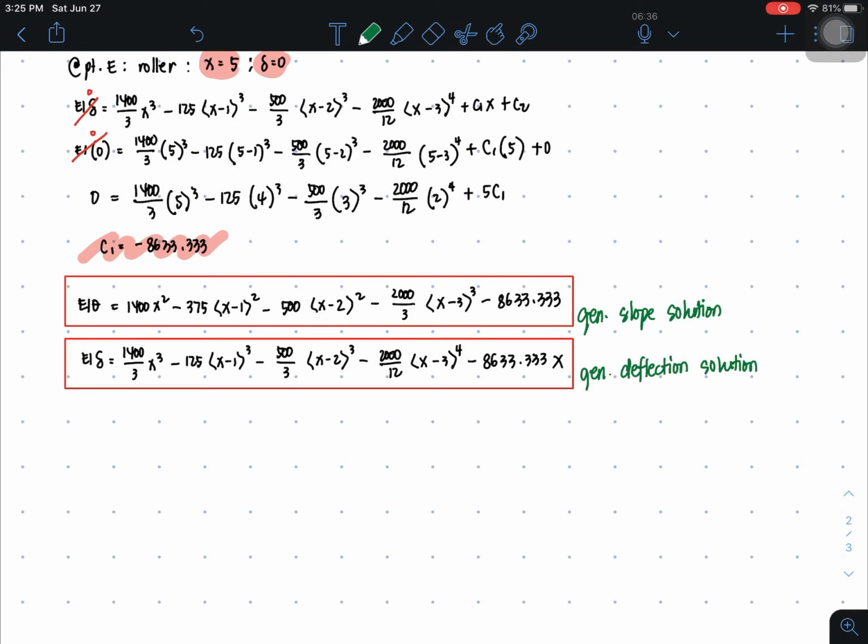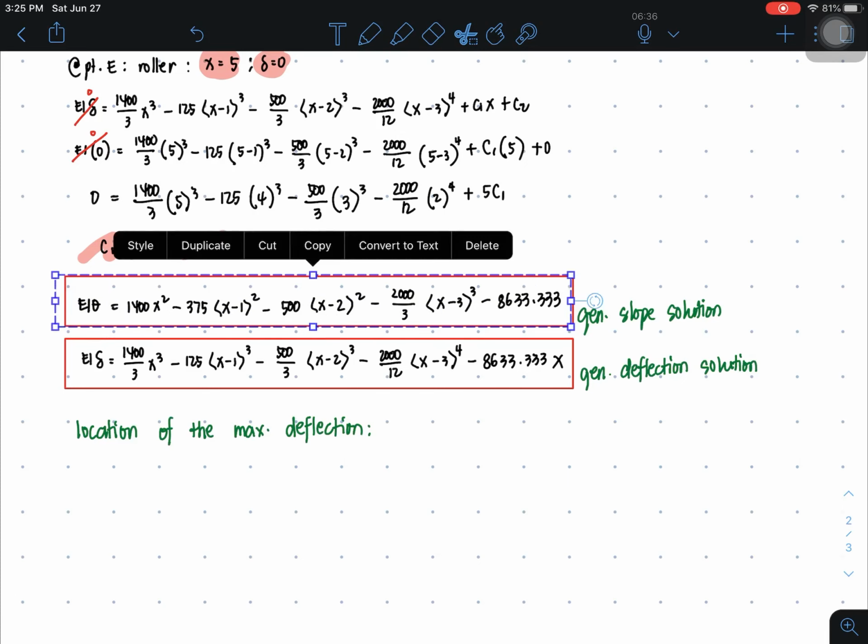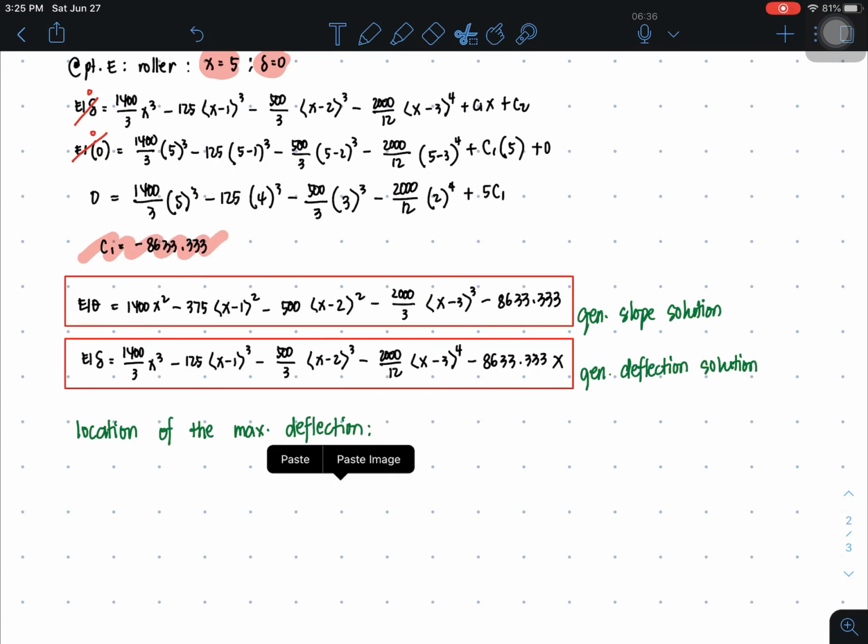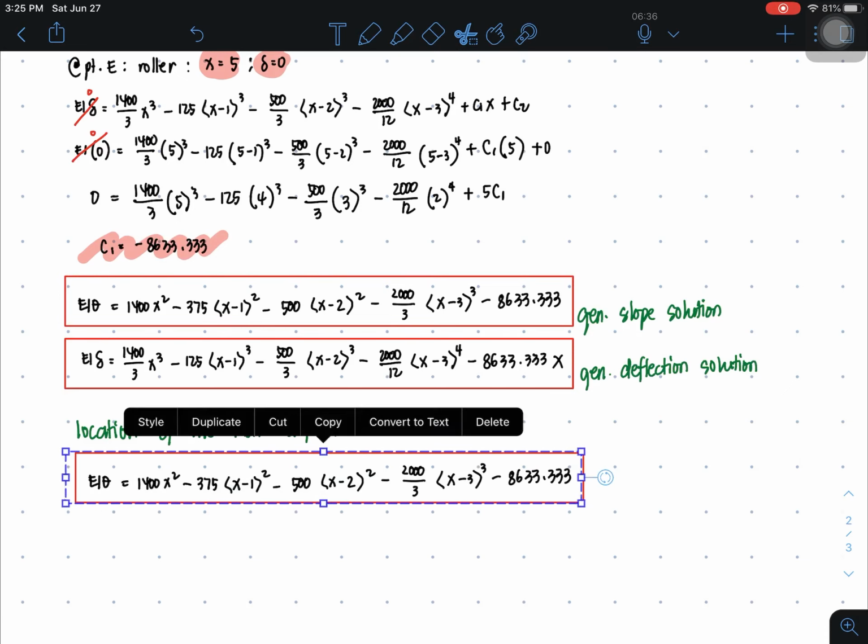Okay. So, ang gipangita was location of the maximum deflection. So if that's the case, we will be using this formula. Kani siya. So ato na siyang gamiton dire.